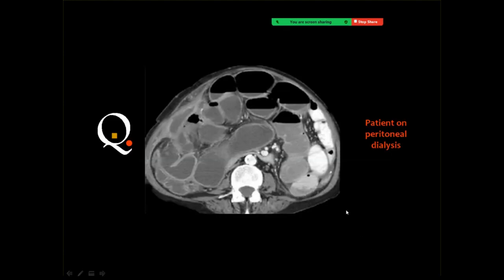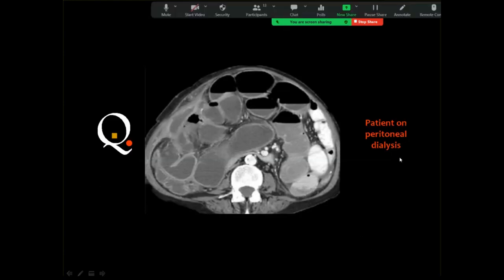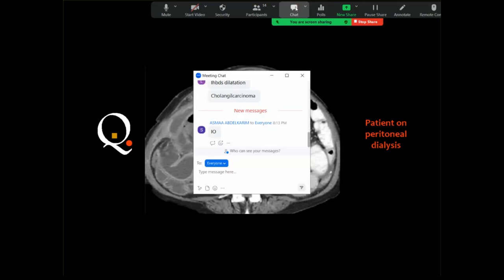Next case is a patient on peritoneal dialysis who got marked abdominal distension. Bowel obstruction. Yes, what is the cause? Ileus.